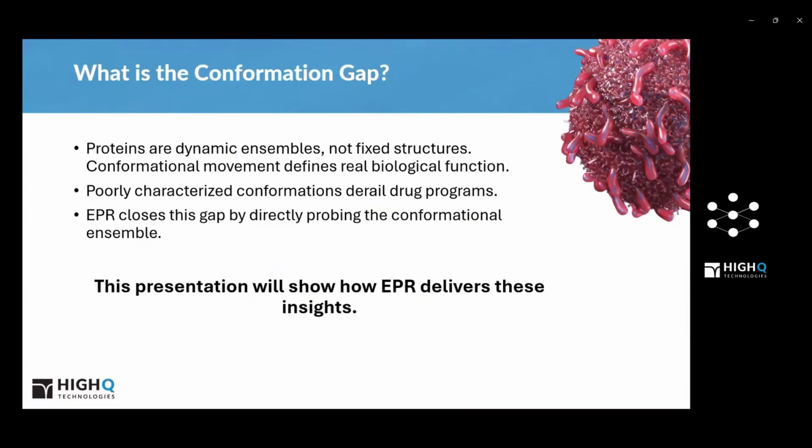EPR helps close this gap by directly probing the conformational ensemble of these dynamic and flexible systems, which you can use in conjunction with your other structural methods. This presentation will show how EPR is used to deliver these insights and how our specific brand of EPR at HiQ Technologies does that.